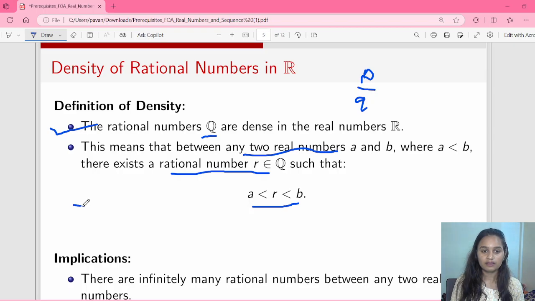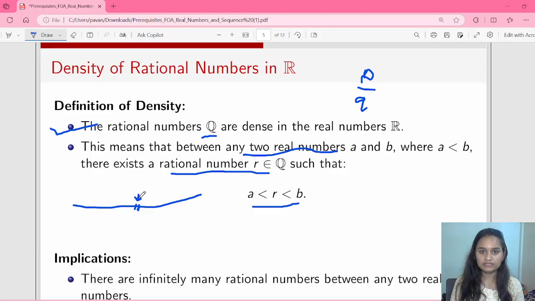Like on the real line, no matter how close we take the points, we should not take a single point obviously, but if we take two different points, no matter how close they are, there is a rational number in between them.